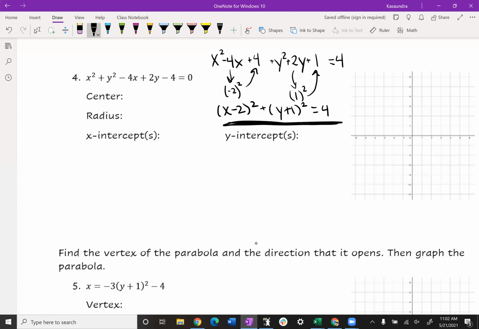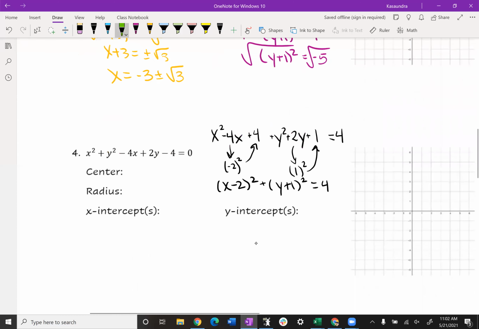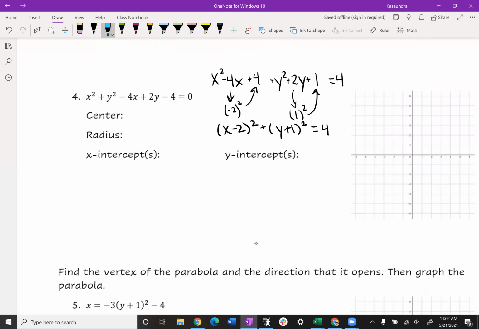Okay, so this is now the format we were going for. Now I can see the h, k, so the center of my circle is at, again, positive 2 is my h, negative 1 is the k. So positive 2, negative 1.